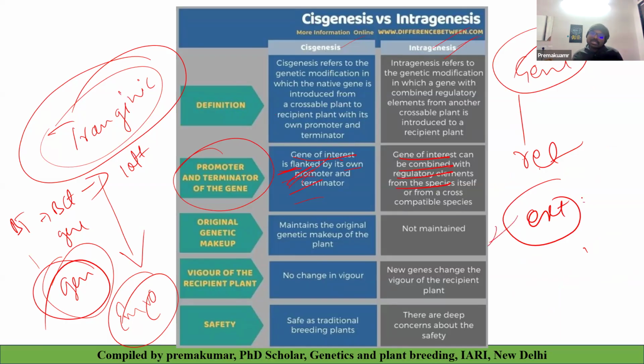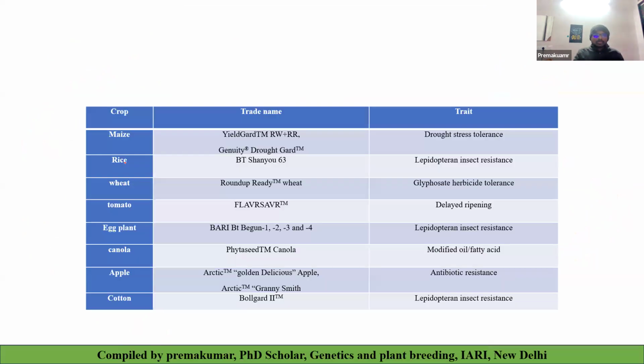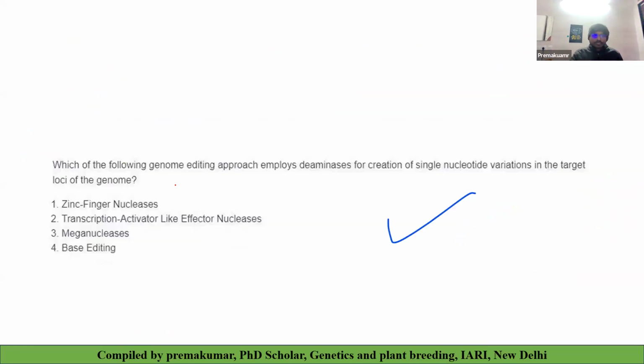But if the exon is also different, and the promoter and terminator, all the regulatory parts, are from the related species, it is called intragenesis. But if everything is from a different species, it is called transgenesis. Now understood what is cisgenesis, intragenesis, transgenesis? Yes, sir. Then you answer this.